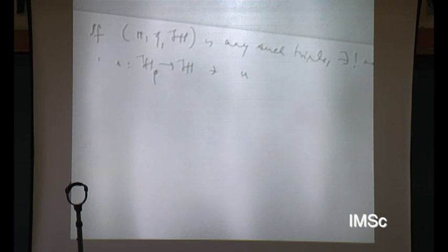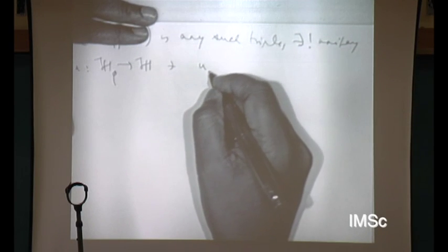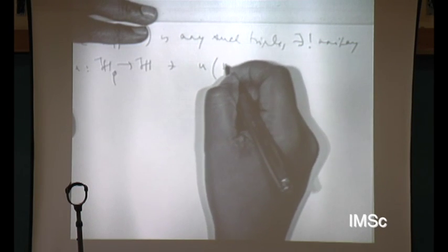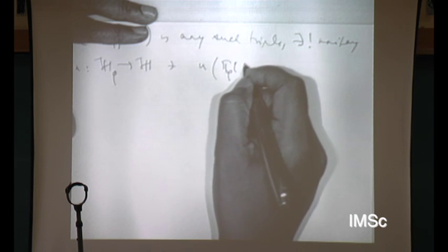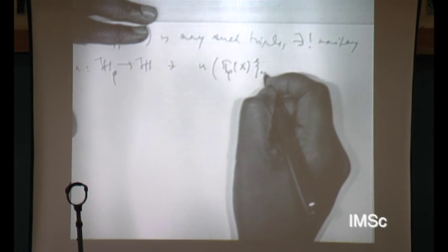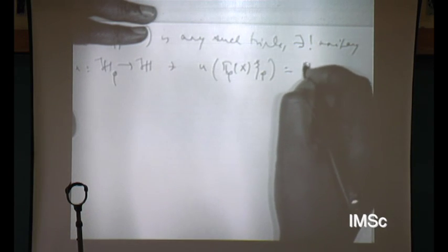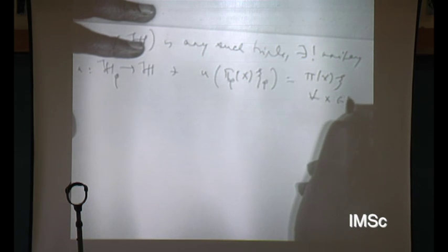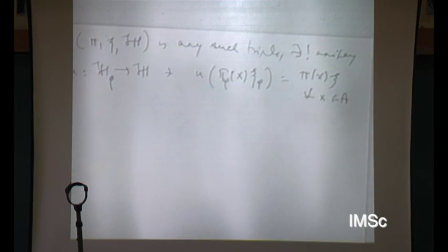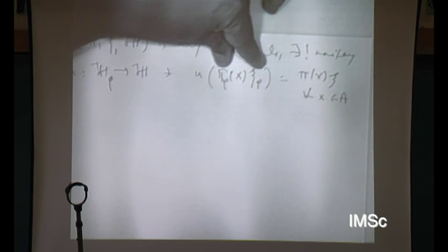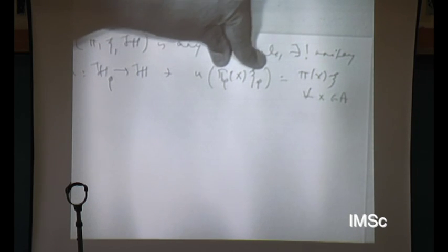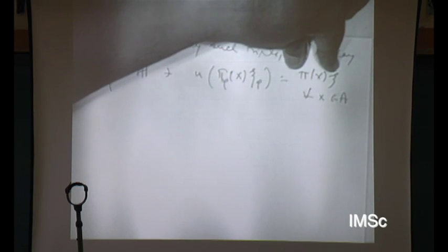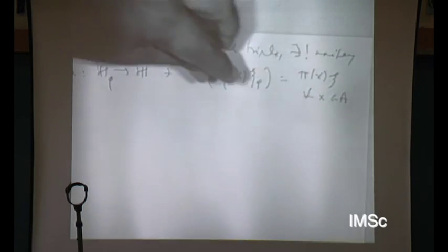The same thing is going to be A. They're going to be indexed by A, so I want to say U is going to send pi phi x psi phi equal to pi x psi for all x in A. By assumption, this collection of such things is dense in H phi, and the collection of such things is a dense subspace of H, and I just have to check that this association preserves inner products.